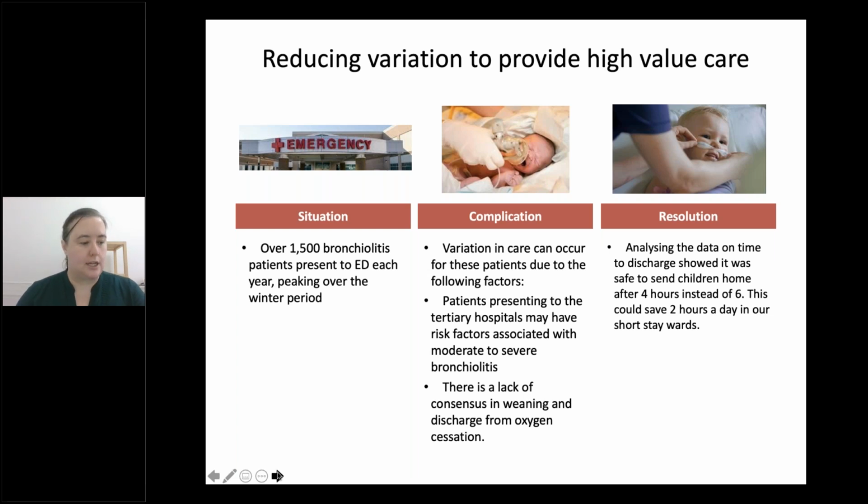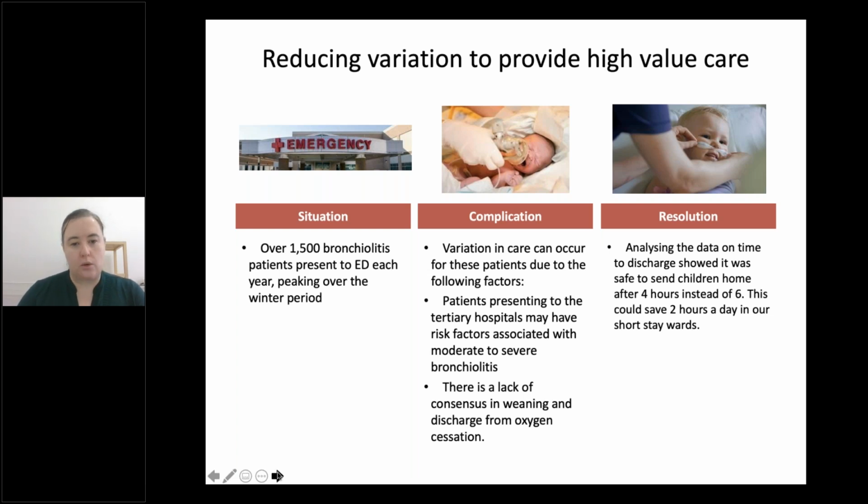Because it presents similarly to things like wheeze or pneumonia or croup, it can sometimes be difficult to diagnose accurately, and this factors into the variation in care. So what we wanted to look at was how we can standardise some of those practices.